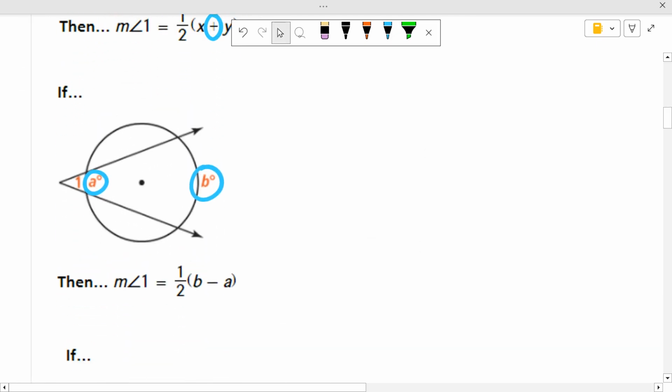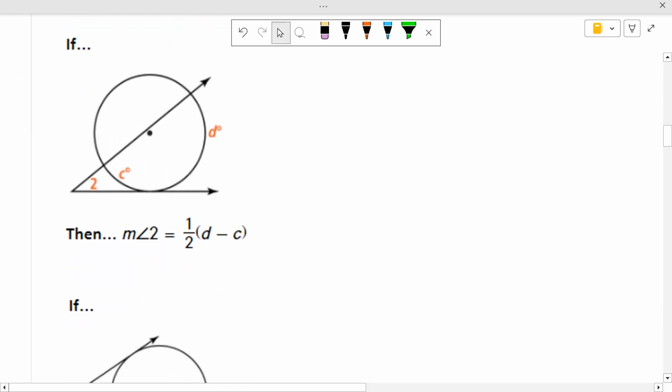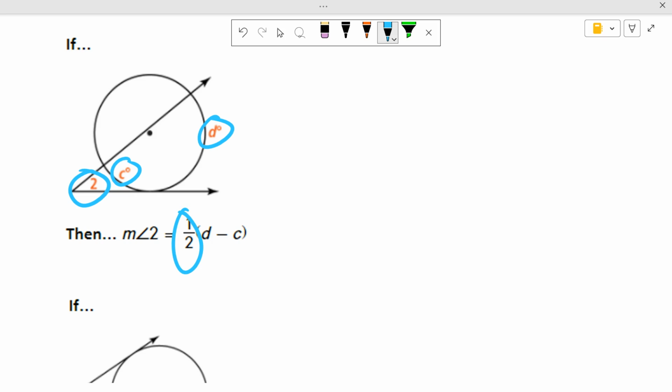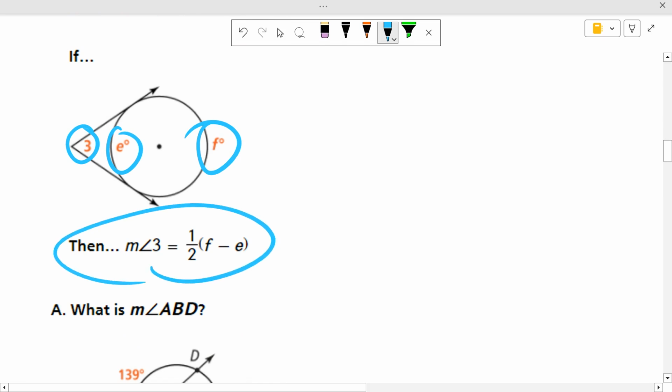The angles on the outside, we subtract. So we take this minus this and take 1/2 of that. Angle 3 is on the outside, so we take the big minus the little and we take 1/2 of that.